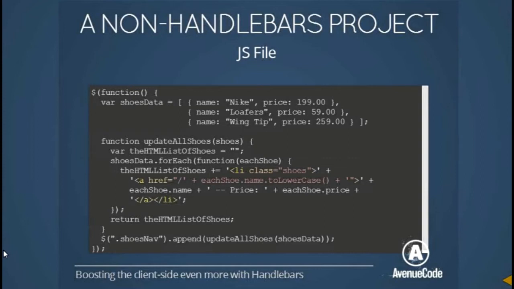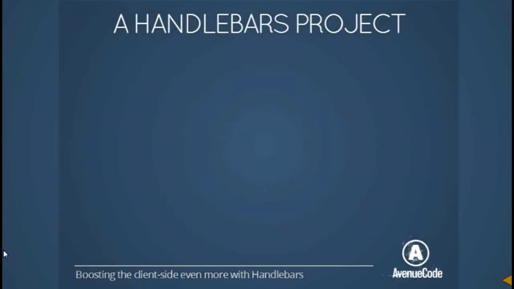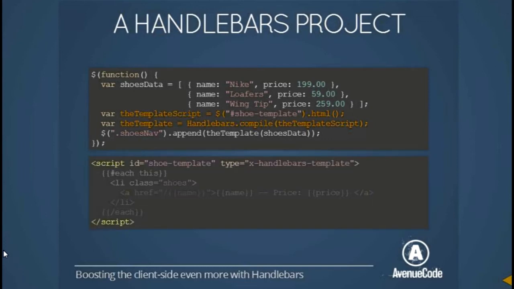So here's the Handlebars version. You're going to see the difference. It's very, very different. You just have the template here, the Handlebars template, which will dynamically bind to data from the context that you are passing in. I'm storing this template in the template script variable.